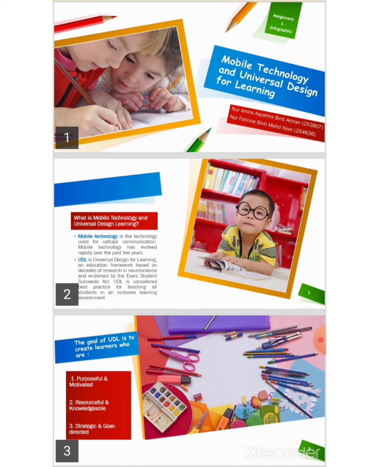They relish the challenge of learning and persist when encountering the inevitable obstacles. Second is resourceful and knowledgeable. They know how to ask the right question, where to look for answers, and when to ask for help. Thirdly is strategic and goal directed.